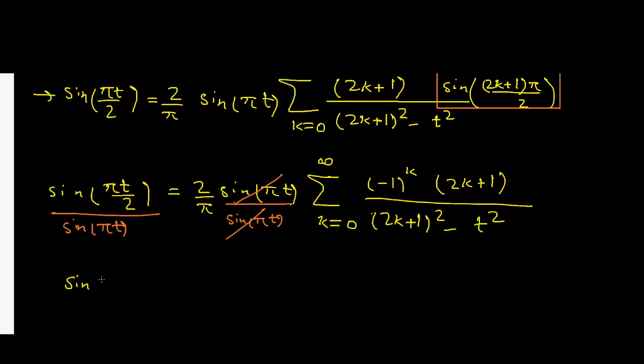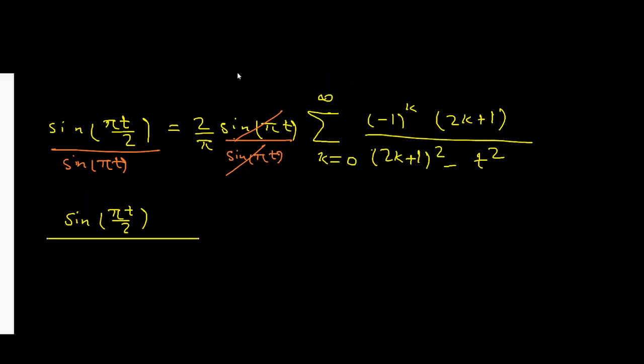So on the left side we have sine of pi t over 2 divided by 2 sine of pi t over 2 cosine of pi t over 2. And you notice that sine of pi t over 2 cancels out, and what we expect nicely emerges.